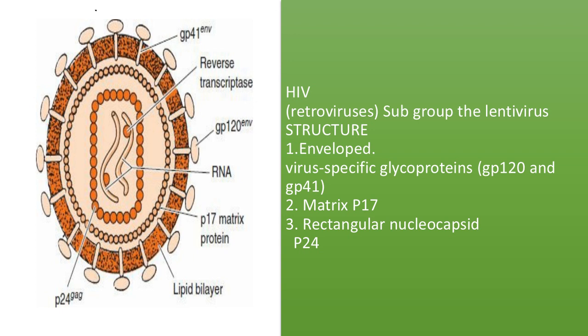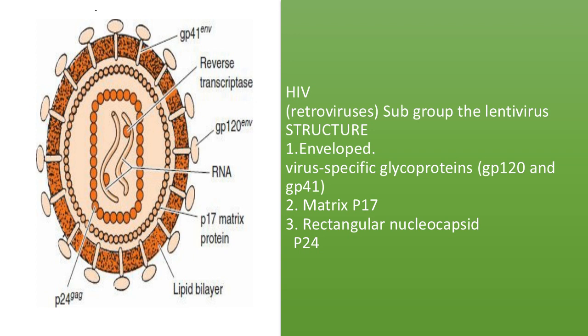The first part is the envelope. The envelope is a lipid bilayer that HIV gets from the host cell membrane during budding. When HIV infects a cell, the HIV buds from the cell and gets its envelope from the cell membrane of the host.